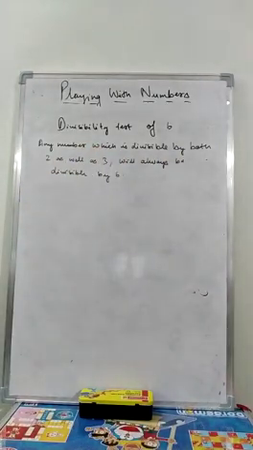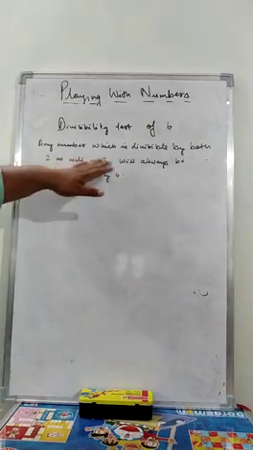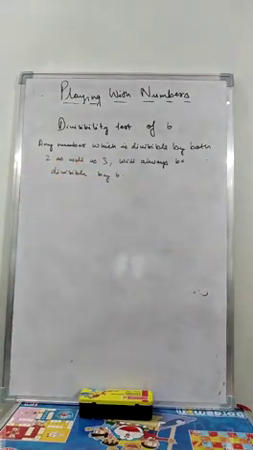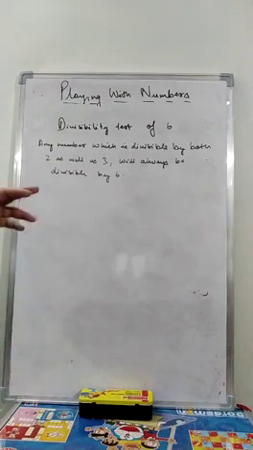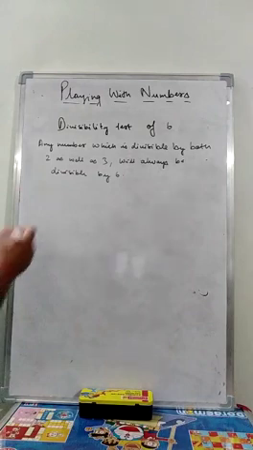So 6 doesn't have a direct divisibility test, but any number which is divisible by 6 is totally relied on 2 as well as 3. So if any number is divisible by both 2 as well as 3, then that number will always be divisible by 6.